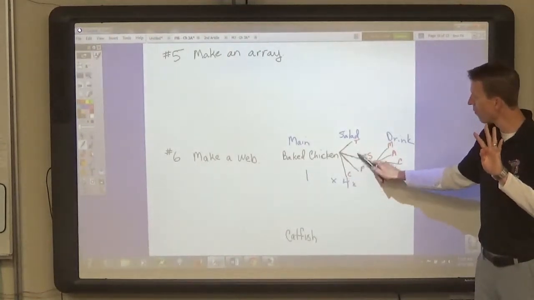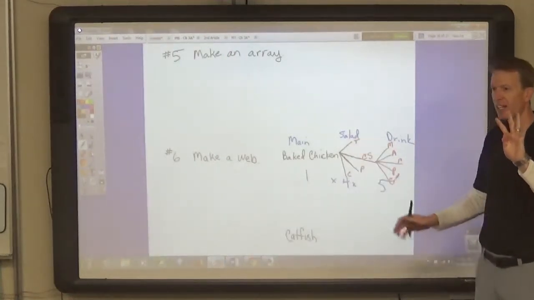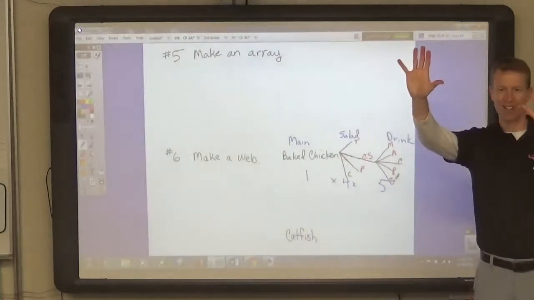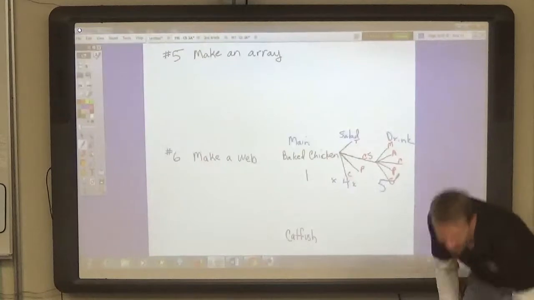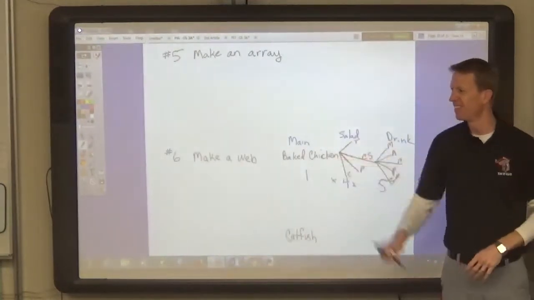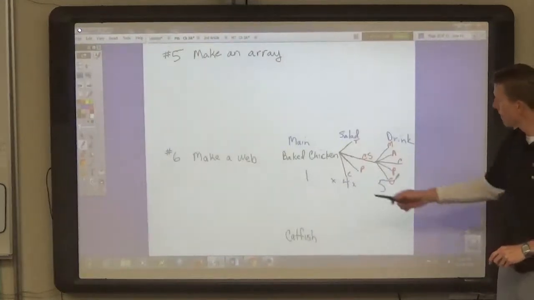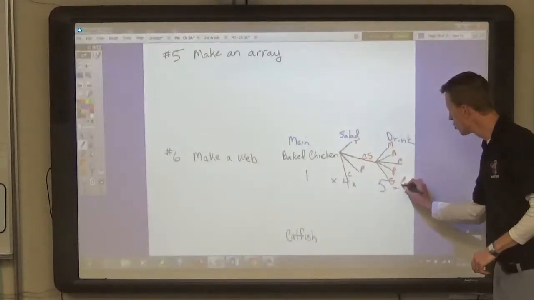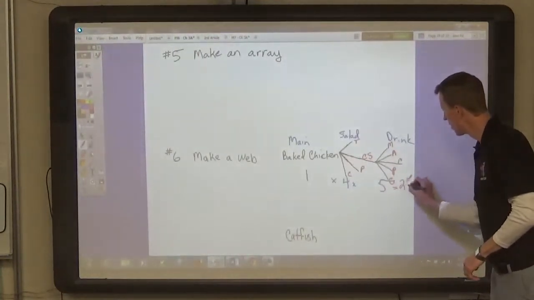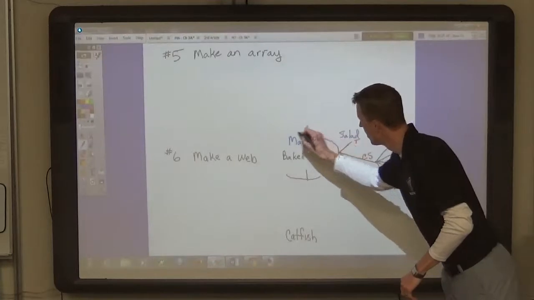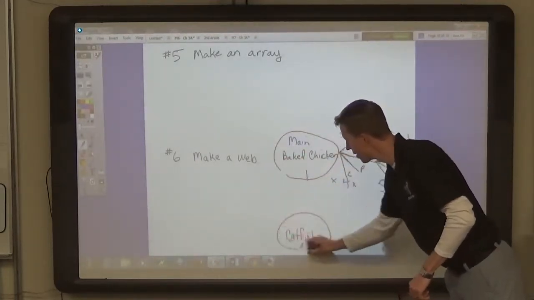And with each of the 4 choices, I can get 5 choices of drink. So you have to multiply 4 times 5, which is 20. So just for the baked chicken, there are 20 choices, right? What if there are 2 main dishes then? There's baked chicken and there's catfish.